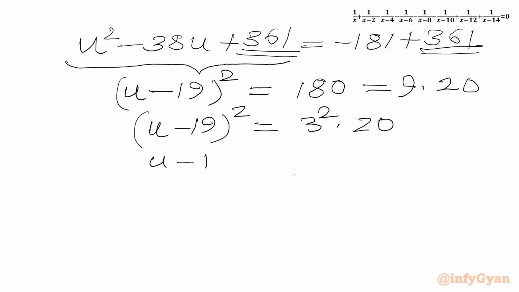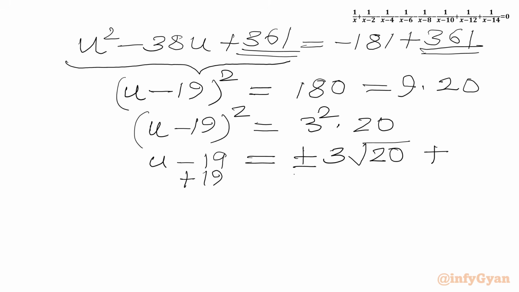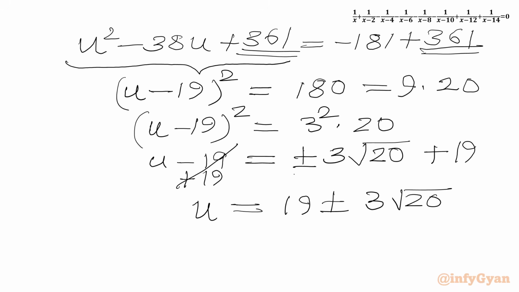And we can write u minus 19 will be equal to plus minus 3 times square root of 20. We'll be adding 19 to both sides. We'll write here plus 19. Plus and minus 19 will be over. We will get u value 19 plus minus 3 times square root 20.